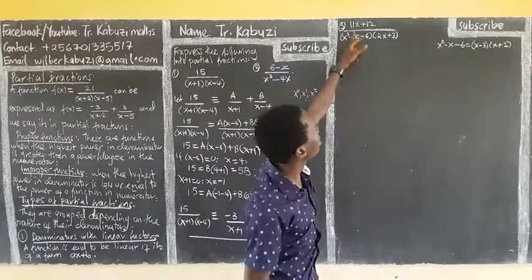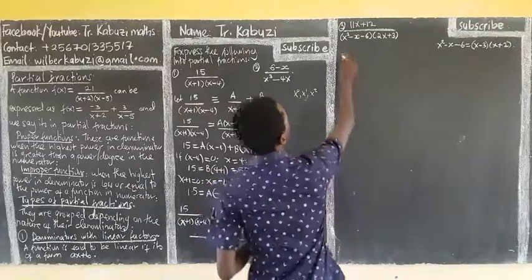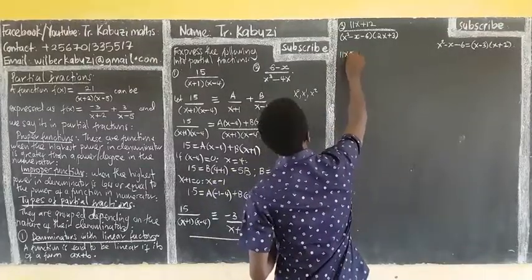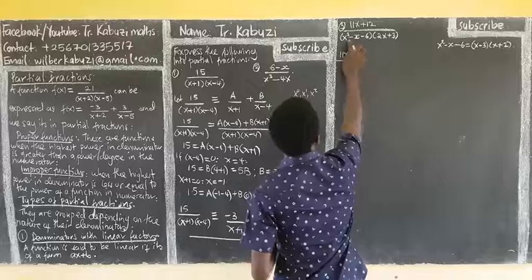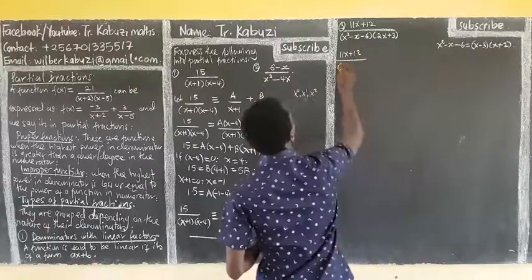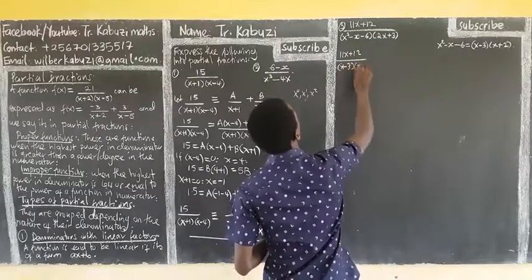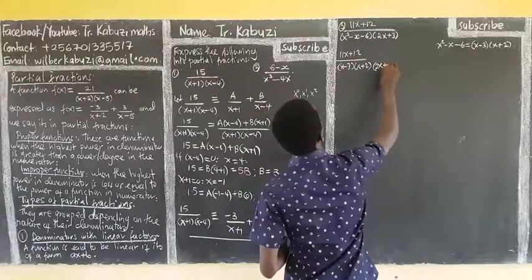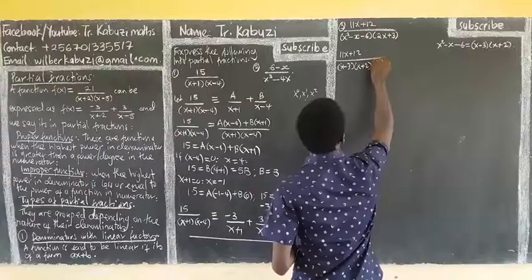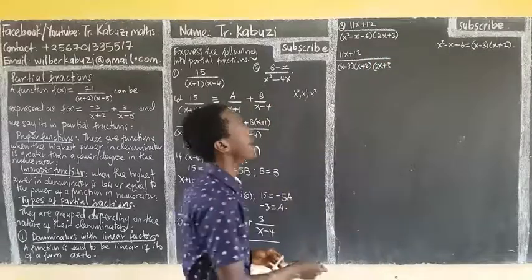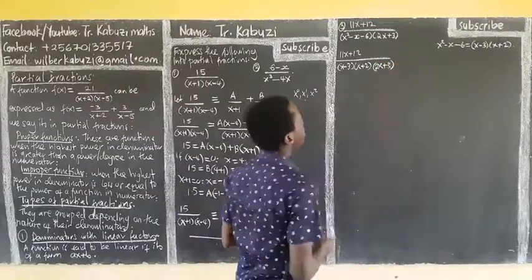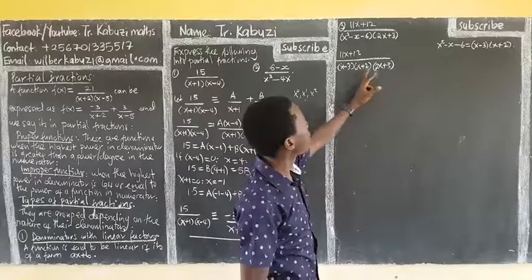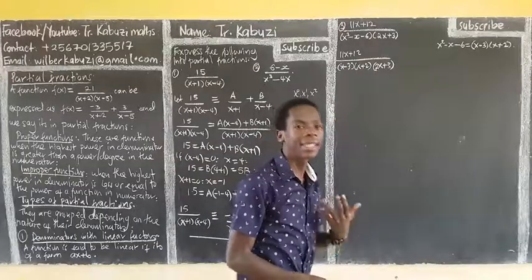Now I can write the whole of this as 11x plus 4, the whole over x minus 3, x plus 2, then this one 2x plus 3. Now all of them are linear factors. You see this one is power 1, power 1, so that is also linear.